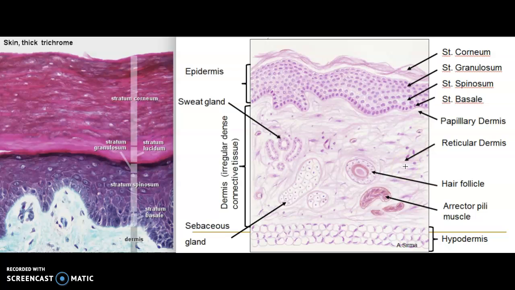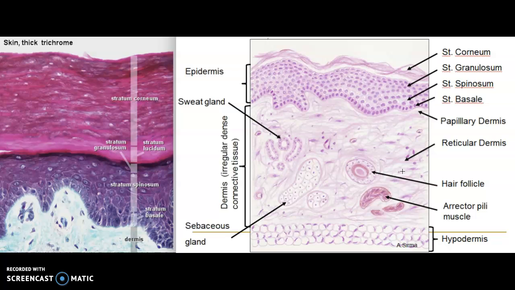And the structures that the papillary layer has are the dermal papillae, which are peg-like projections that contain capillary loops which supply nutrients to the dermis. And it also houses pain receptors and Meissner corpuscles, which are touch receptors.